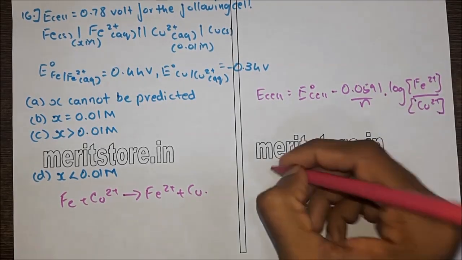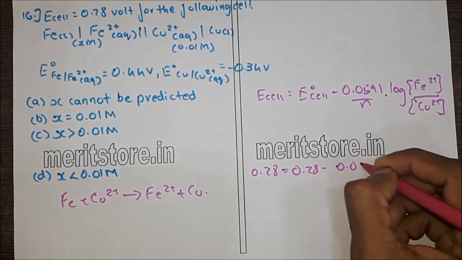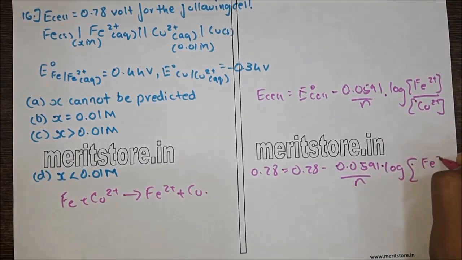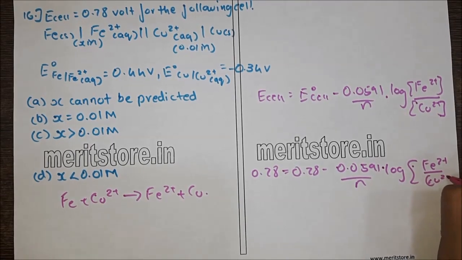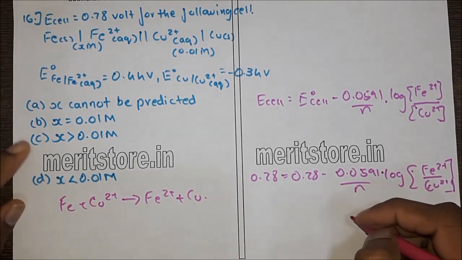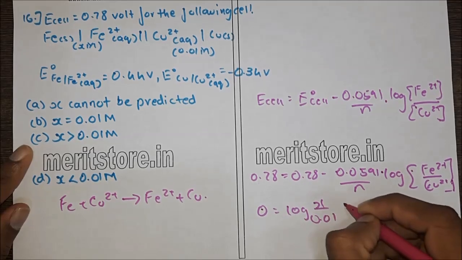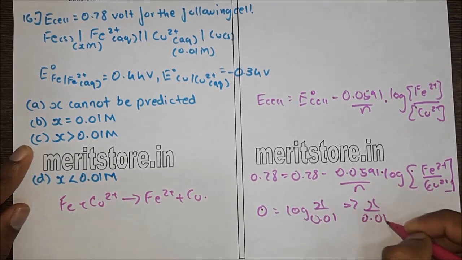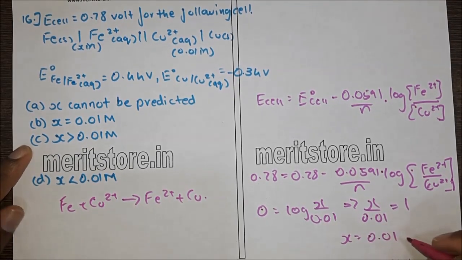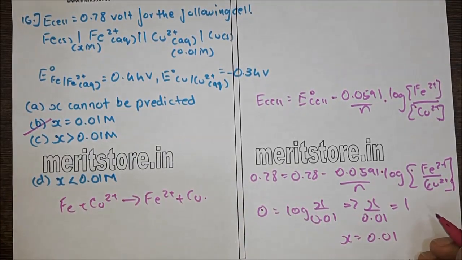Solving this, we have 0.78 equal to 0.78 minus 0.0591 upon n log of Fe2+ upon Cu2+. Further, we can write this as log of x upon 0.001 equal to 0, so x is equal to 0.01, which matches option B, that is 0.01 molarity is the correct answer.